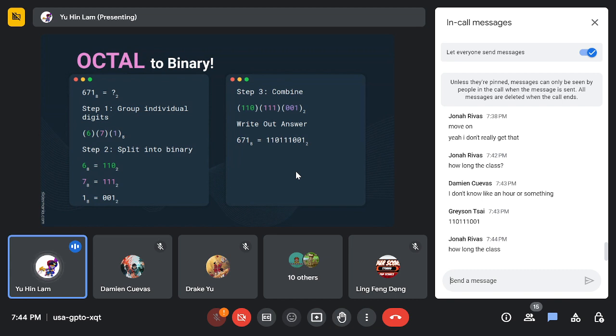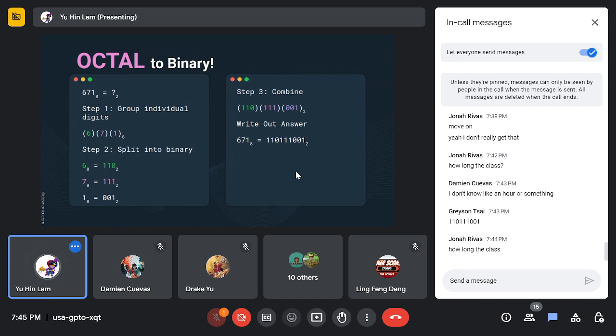Yeah. So for today, we'll end around 8. So does everyone get how to convert binary to octal or octal to binary? Either about converting or just grouping.